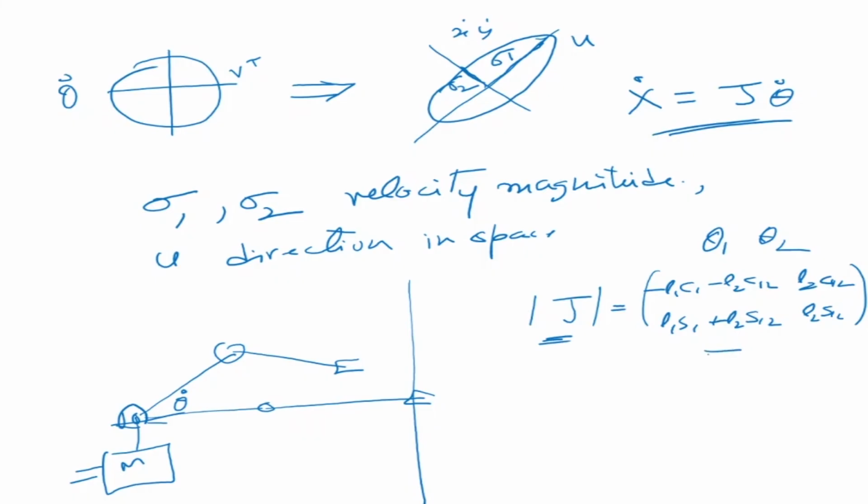Okay, so when this matrix value is changing, what is happening is, when you take the singular value decomposition of J, then the values of sigma 1 and sigma 2 are also changing. Okay, and similarly your Vt, your U is also changing. U is the direction in space. So this basically means that when we are moving in space, the direction of sigma 1, sigma 2 and the magnitude is changing, which means that your ellipse is changing shape as well as direction as we are moving in space.